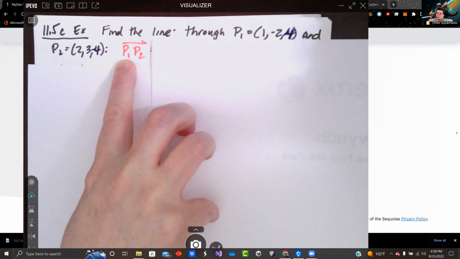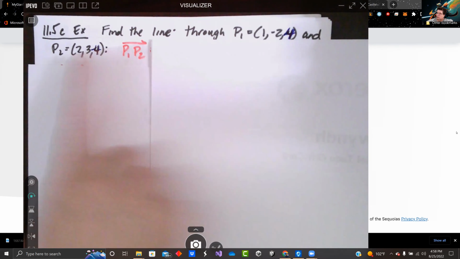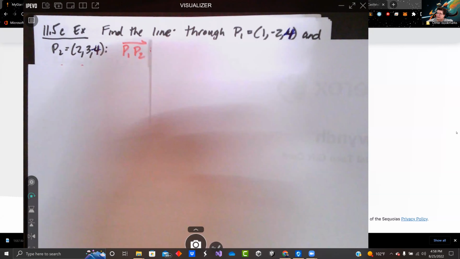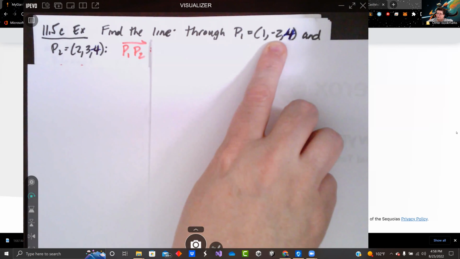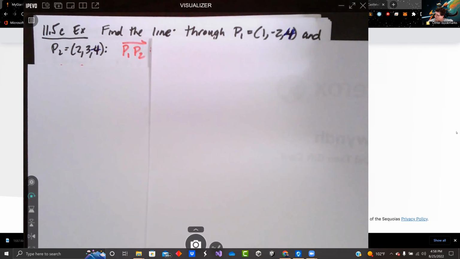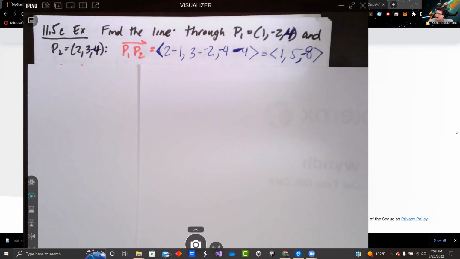So our X component will be 2 minus 1. We will have for the Y component 3 minus -2. And for the Z component, we have -4 minus 4. That's what I've got written right here. And we end up with (1, 5, -8).